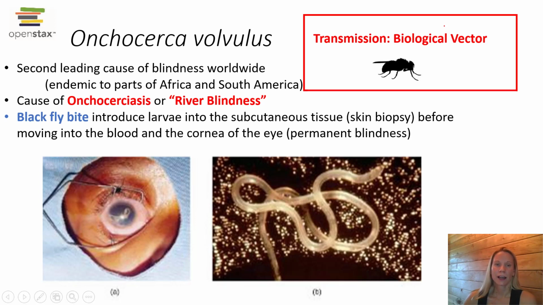And then the black flies will bite, and they'll transmit the larva into your subcutaneous tissue. So initially what happens is raised bumps, like a rash on the skin where the black fly bite was. It's possible to take a skin biopsy and see all of these little worms moving around under the microscope just from a skin biopsy.